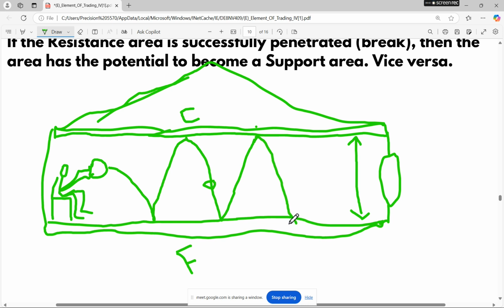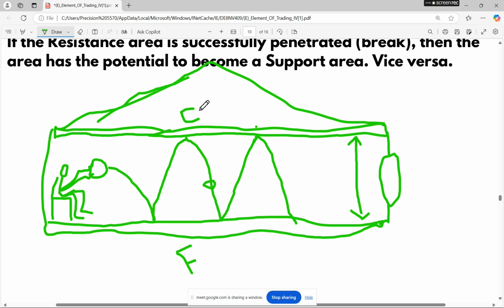So it means that there's something resisting the ball from going beyond the ceiling, and because there is a floor here, it cannot go beyond the floor. When the ball reaches here, it will come down, and when the ball reaches the floor, it will come up.